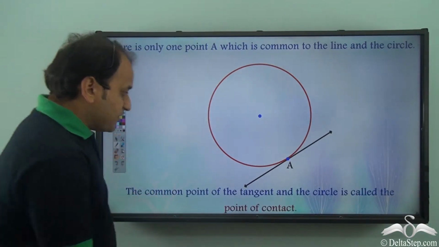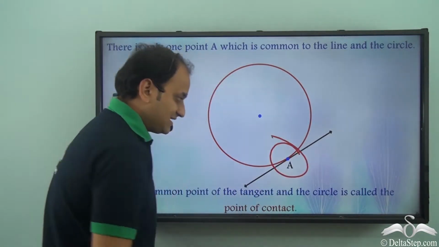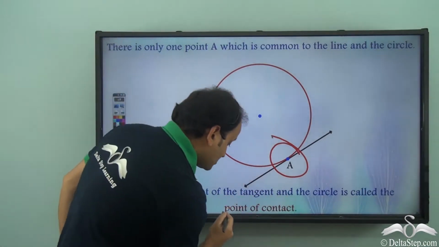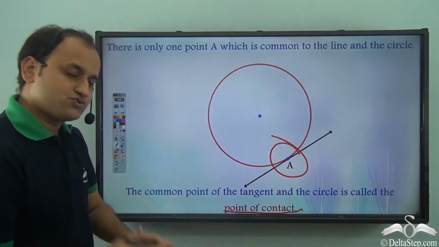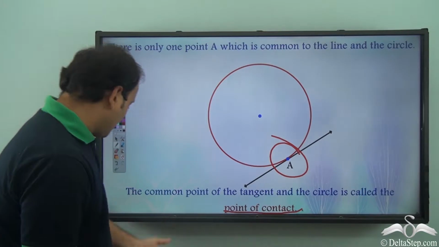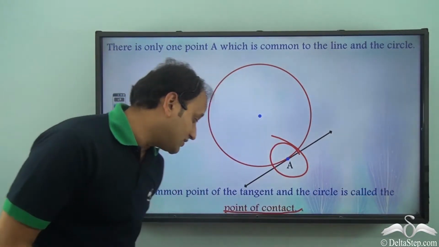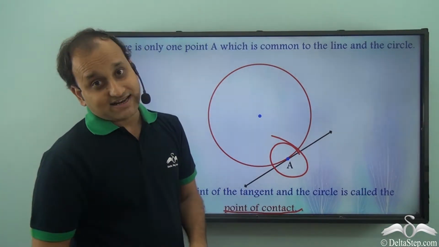Now, this particular point where the tangent meets the circle is called the point of contact. So how do we define point of contact? Well, the common point of the tangent and the circle is called the point of contact.